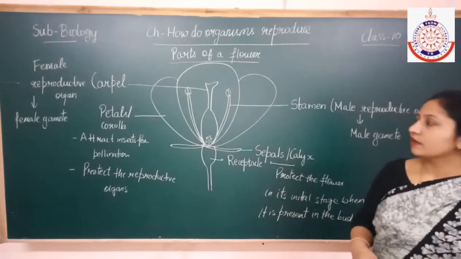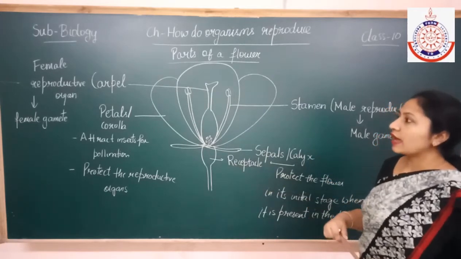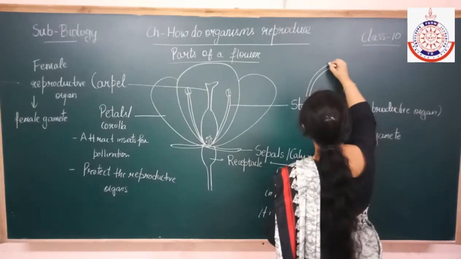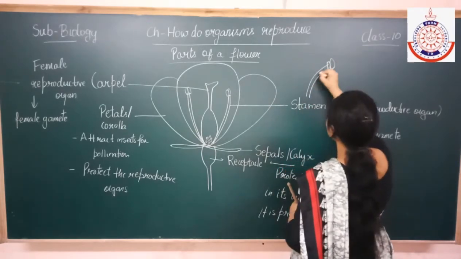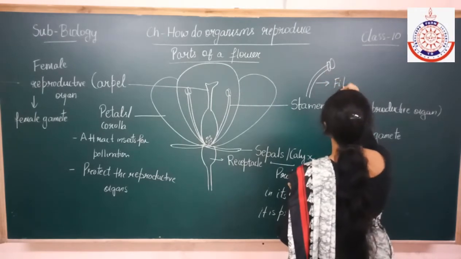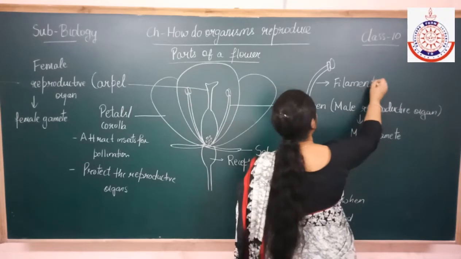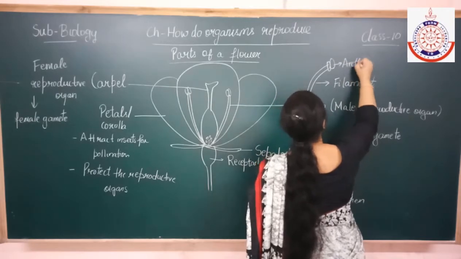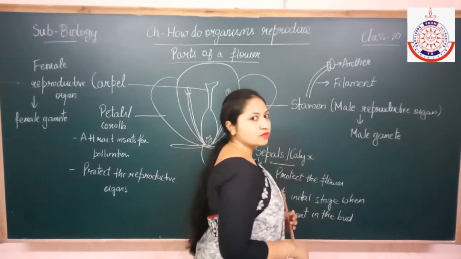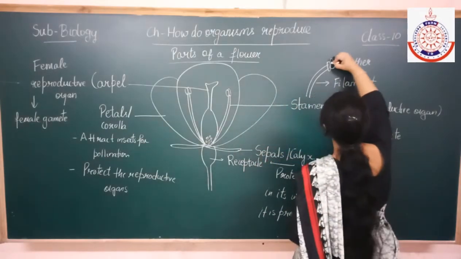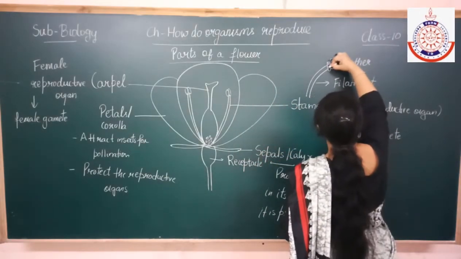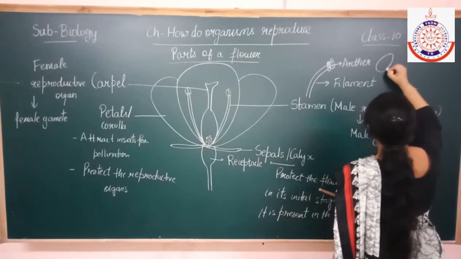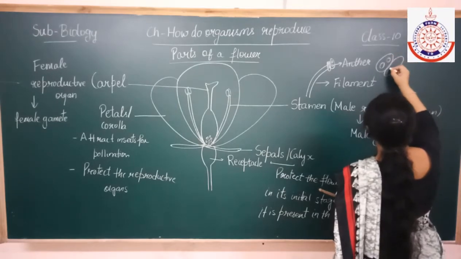Now let's discuss the parts of the stamen and the parts of the carpel in detail. Stamen has two parts. This long stalk is known as the filament, and this lobed structure is known as the anther.